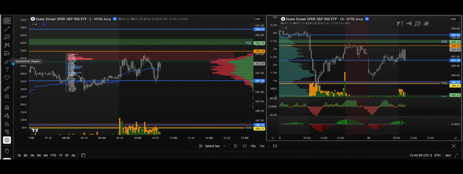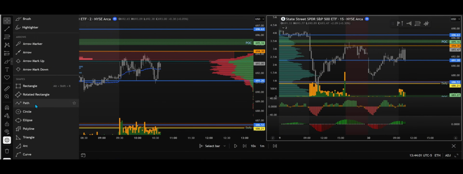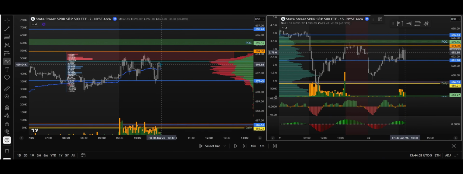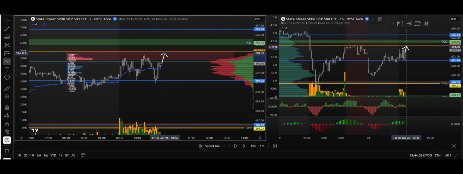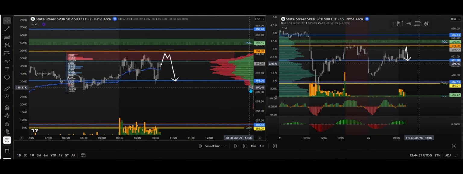Well, actually, let's just say what's the other possibility here. The other possibility is that we come back to test that zone, and sellers come into the market, maybe it tops out a little bit, and then eventually we come back down to test that bottom low volume node of this volume profile distribution.